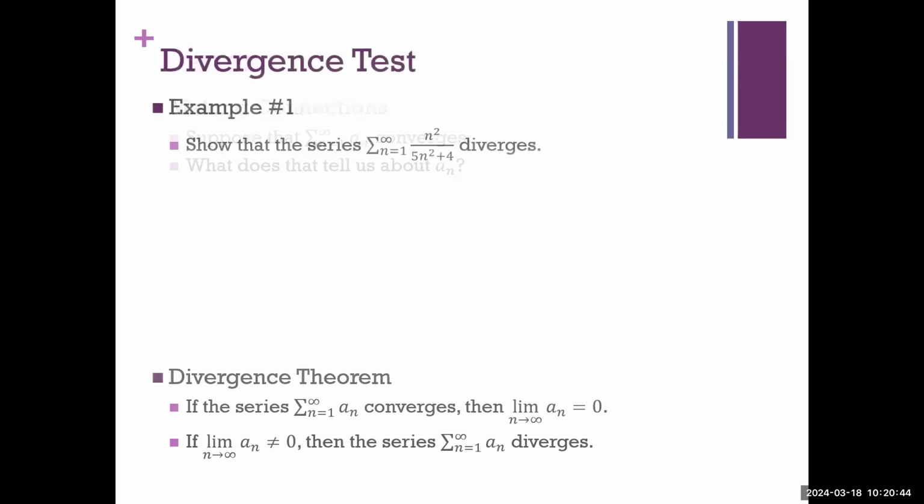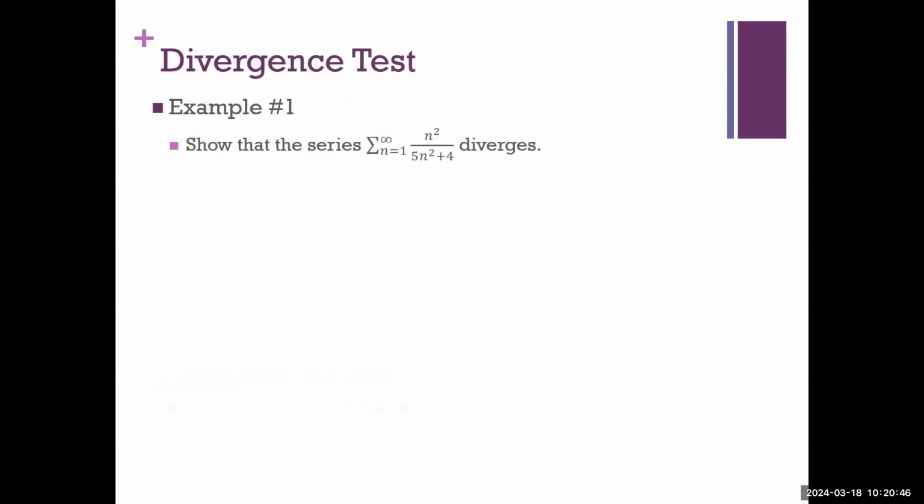So let's see an example of this. I'm telling you this series right here diverges. So I'm already telling you the answer. Now we have to prove it. Make me an argument that this series diverges. Converges to 1/5, you're saying.